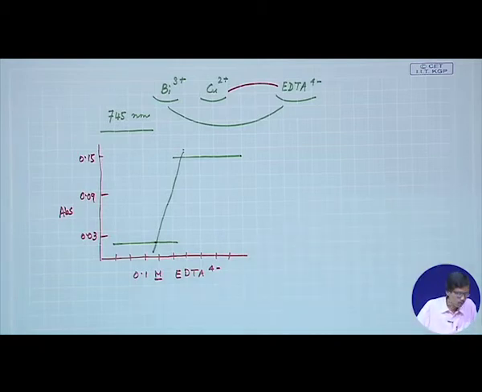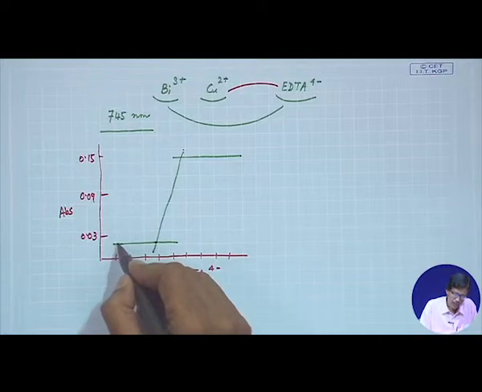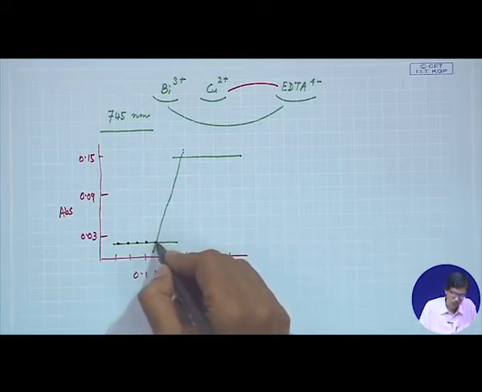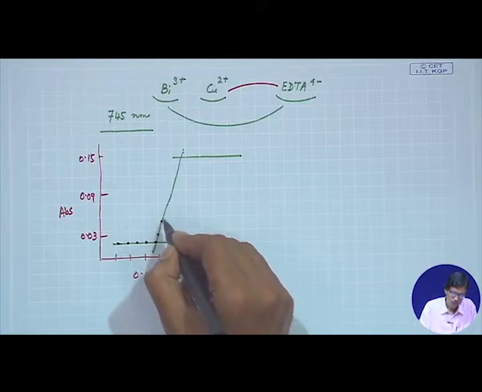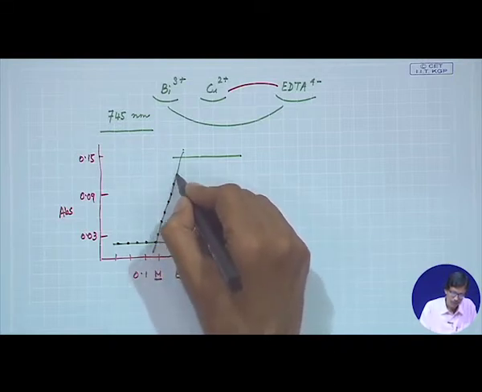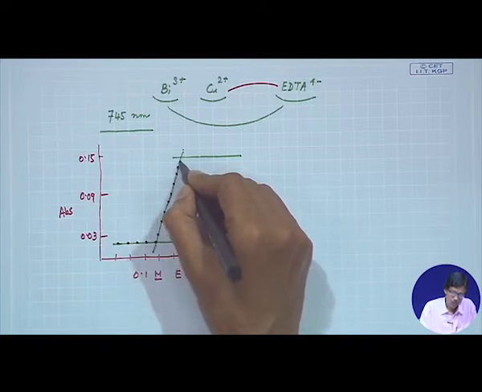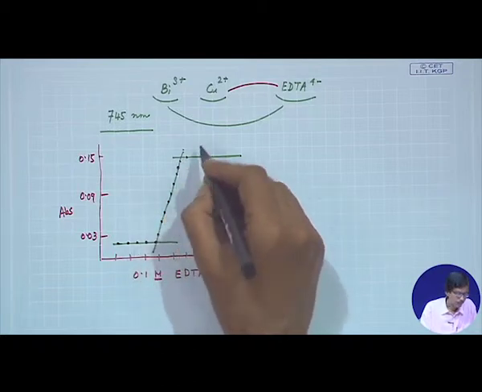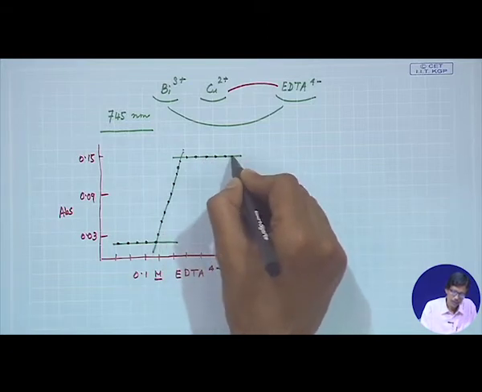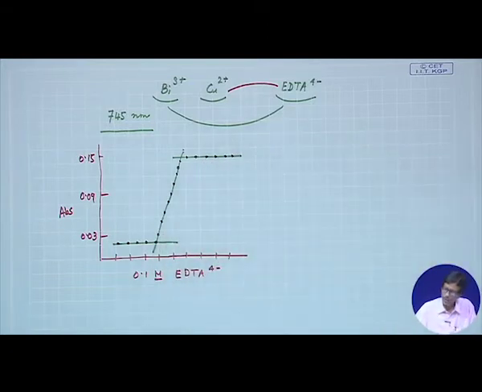After this incremental addition of volumes of EDTA, these are the corresponding points. So, we get these points also for the titration. When we plot these, we get this.